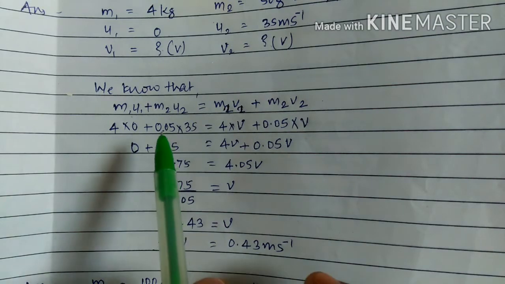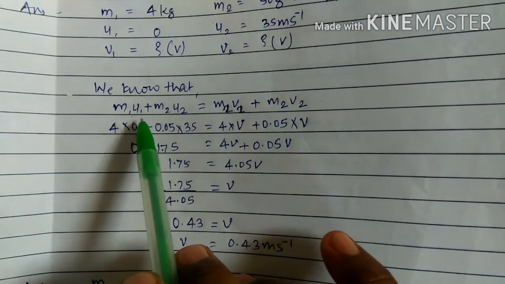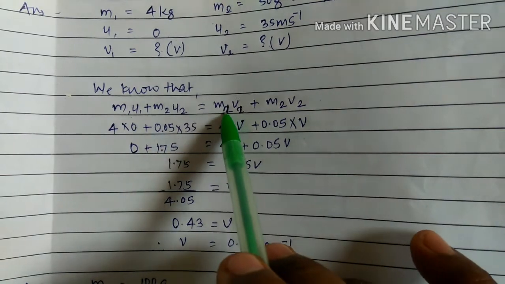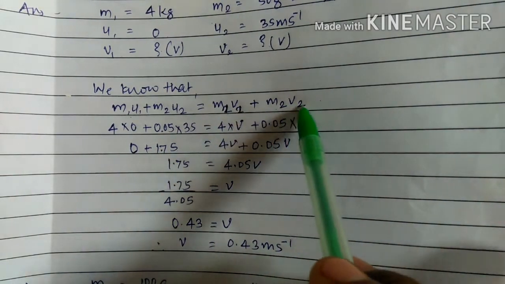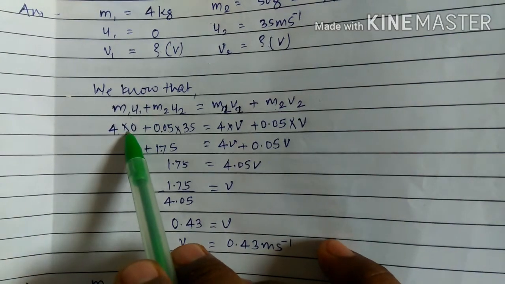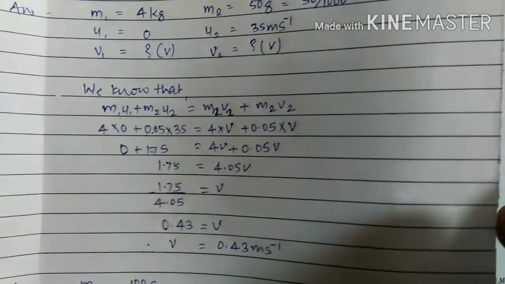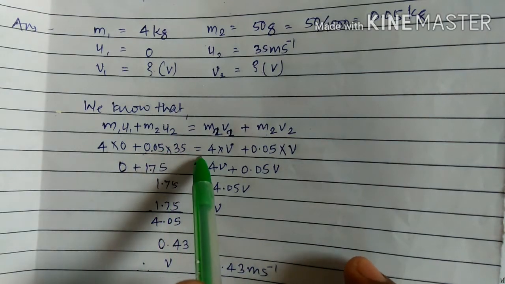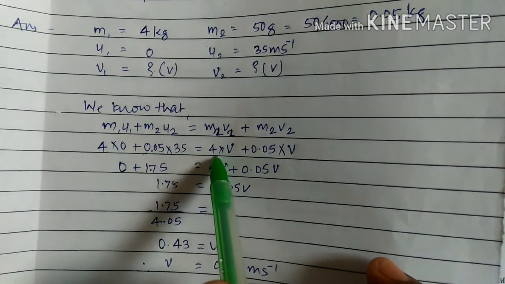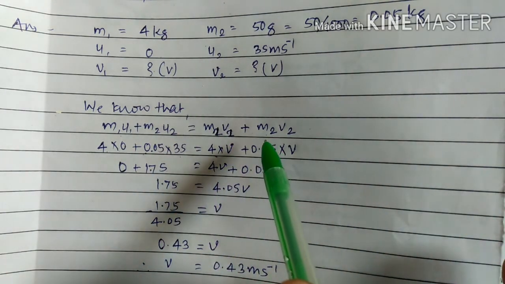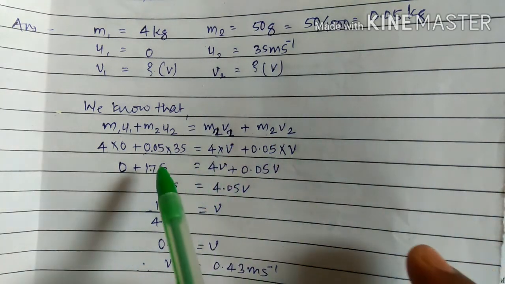We know the law of conservation of momentum: m1 u1 plus m2 u2 is equal to m1 v1 plus m2 v2. Put the above values: 4 into 0 plus 0.05 into 35 is equal to 4 into v plus 0.05 into v.